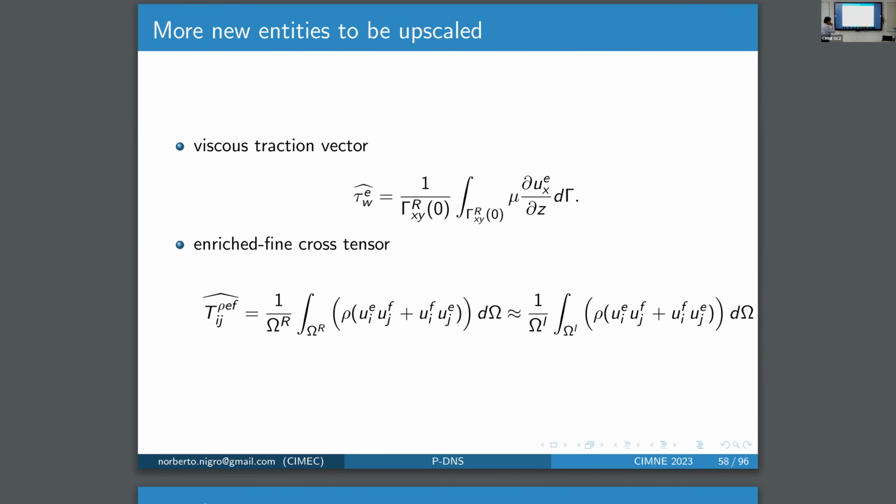And also, because we use finite volumes, the divergence of the tensor, by the divergence theorem, is like this. So this is approximately the sum over faces, the area of the face, the normal of the face, and the tensor applied on each face.